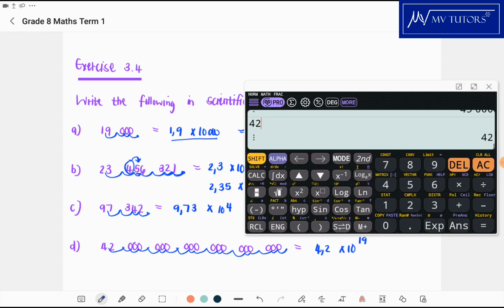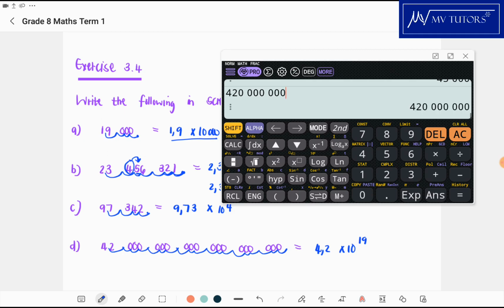So it's 42, then 1, 2, 3, another 3, and another 3. What's wrong with my calculator? It's jamming. So we have 3, 6, 9, 12, 15, 18. Do you see that? It writes it for you in scientific notation, which is 4,2 times 10 to the power 19.